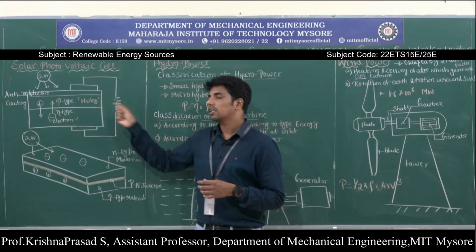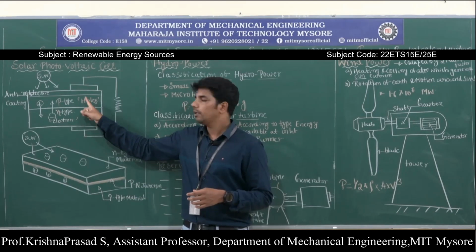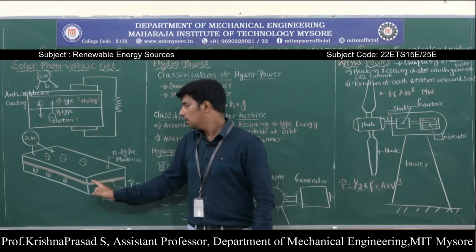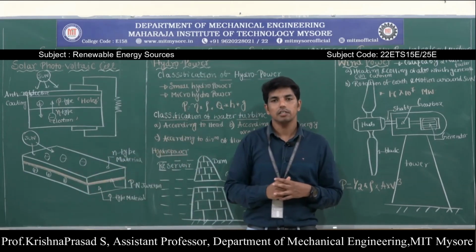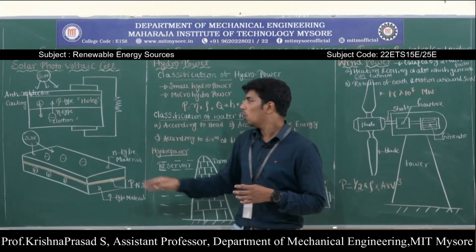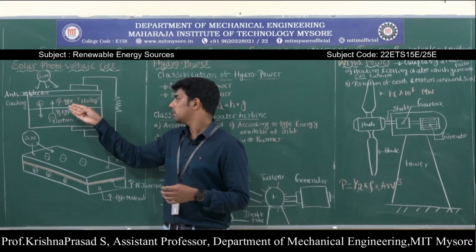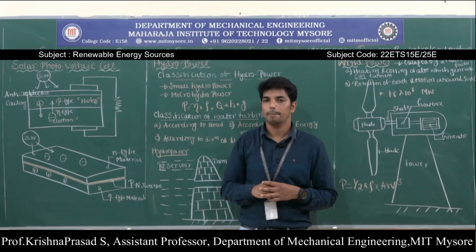I repeat, the construction mainly consists of positively charged holes in the p-type silicon and negatively charged electrons in the n-type silicon, and the interface between these two is called the p-n junction semiconductor material. Over the p-n junction, an anti-reflective film is also provided.